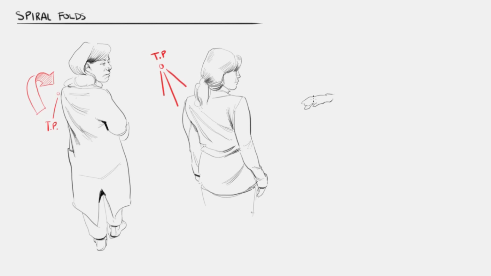Spiral folds will often occur as well when you outstretch the arm. Try to imagine it as just a pipe fold or a twisted tube stretching over a cylinder.